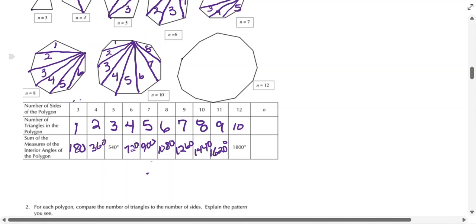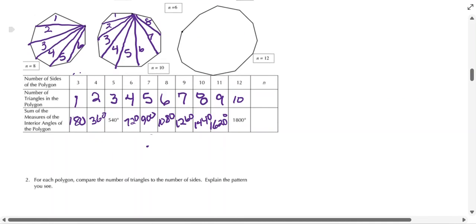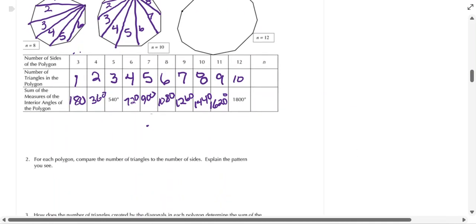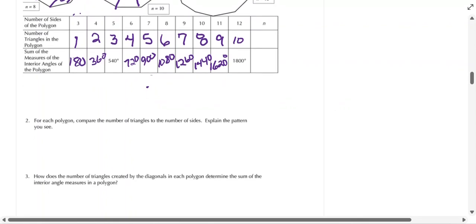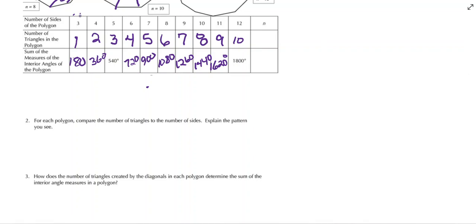We're going to leave this last column here blank for a few minutes. If I look at this, for each polygon, compare the number of triangles to the number of sides. So with 3 sides, the number of triangles was 1, with 4, the number of triangles was 2, 5 sides, the number of triangles is 3.